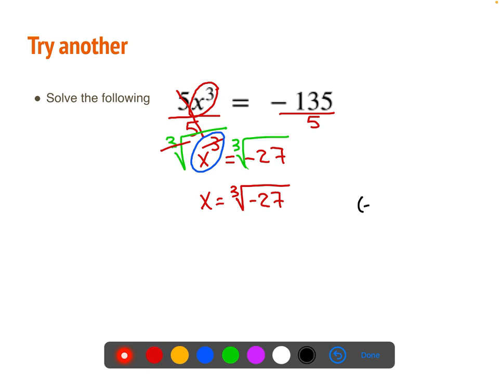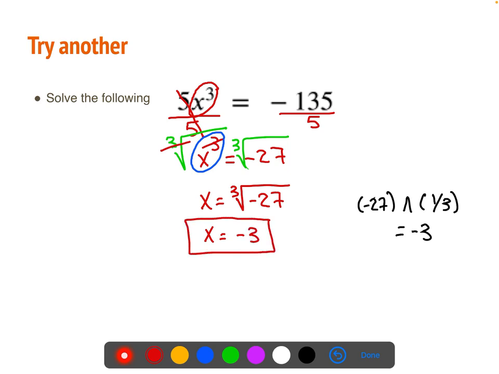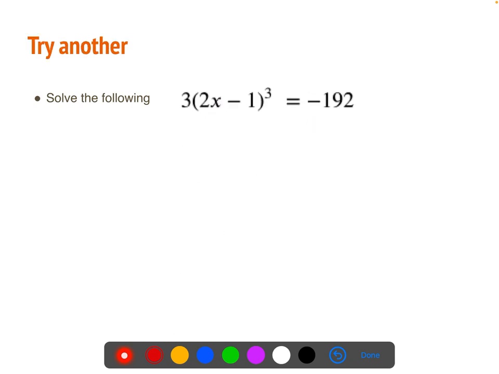And then again, I can always go to my calculator and figure out what negative 27 to the 1/3 power is, and it'll tell me in the calculator that it's negative 3. Or I could say what number times himself 3 times gives me negative 27, which is also negative 3. So you have a couple ways to do this. Remember, isolate, cube root, solve for x. You got this. Let's try another one.